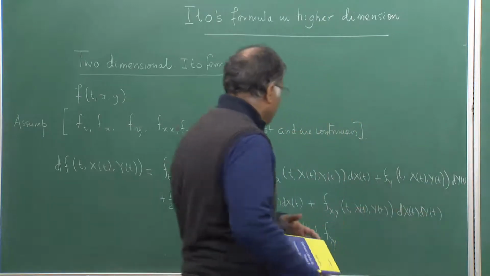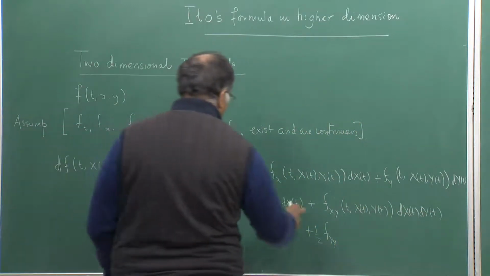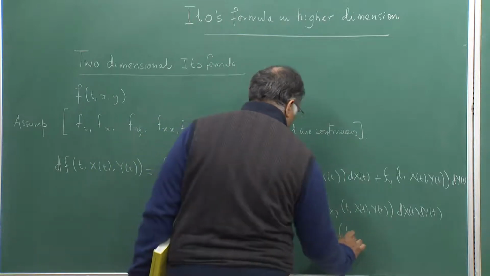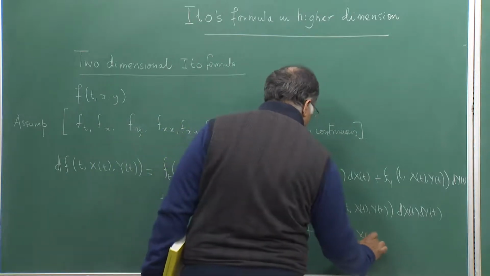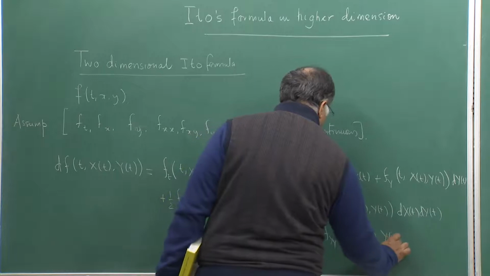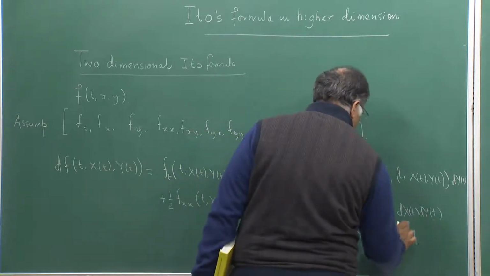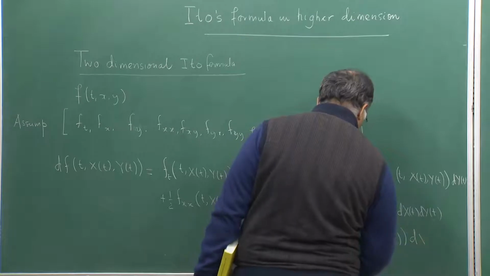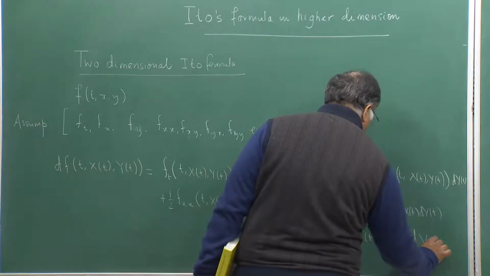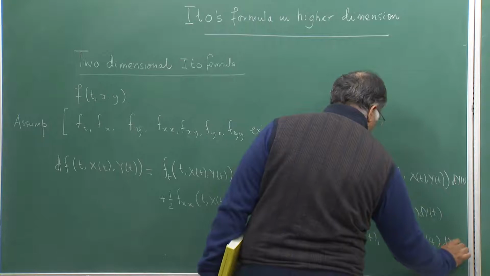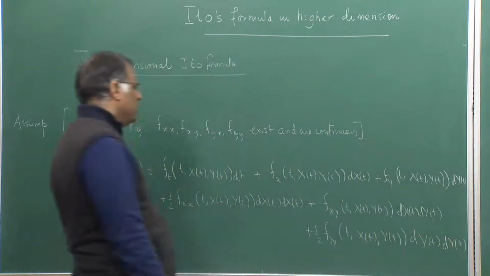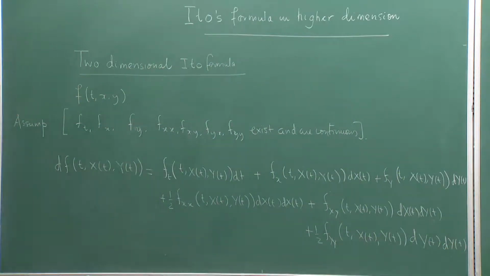So, that half would give me 1. So, I do not write anything here. So, half of f y y t x t y t, that into dy t dy t.